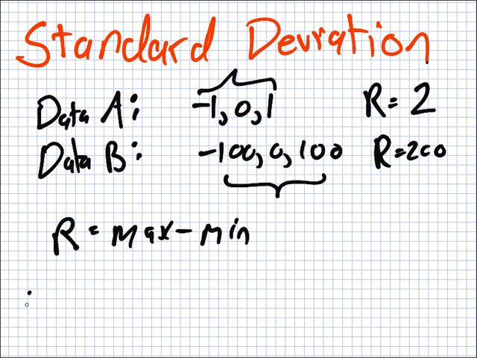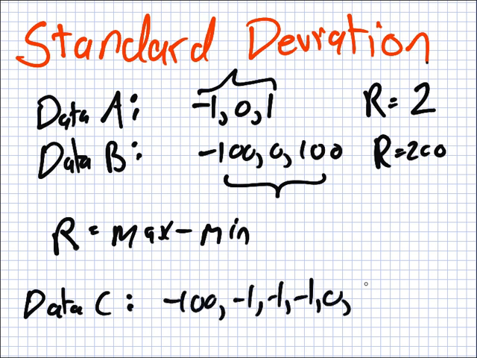For example, let's say I had data like this: minus 100, minus 1, minus 1, minus 1, 0, 1, 1, 1, 100. Is this data more like A or is it more like B? Well, it's more like A. I would say it's more similar to A than it is to B. Because what's quite common in this data set?